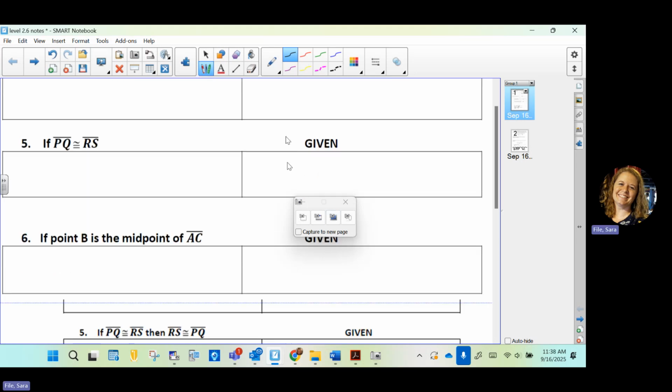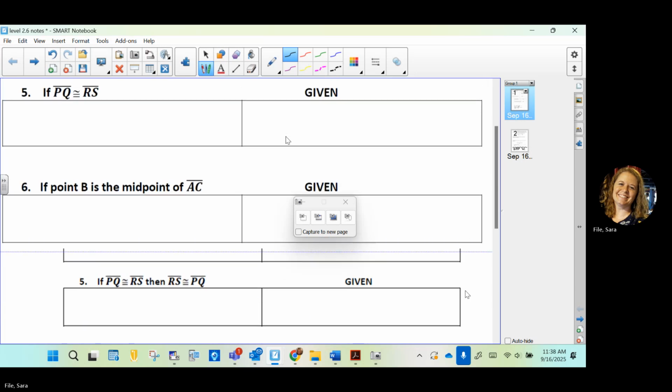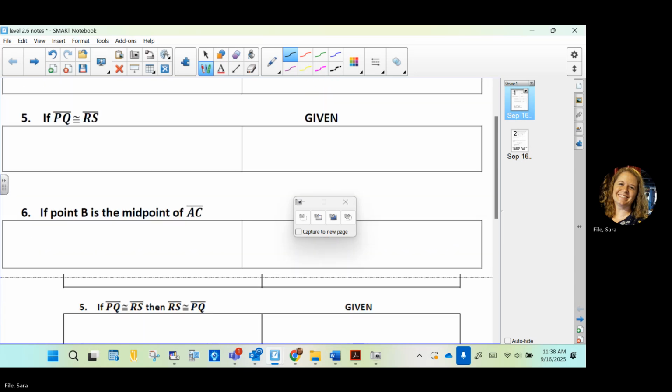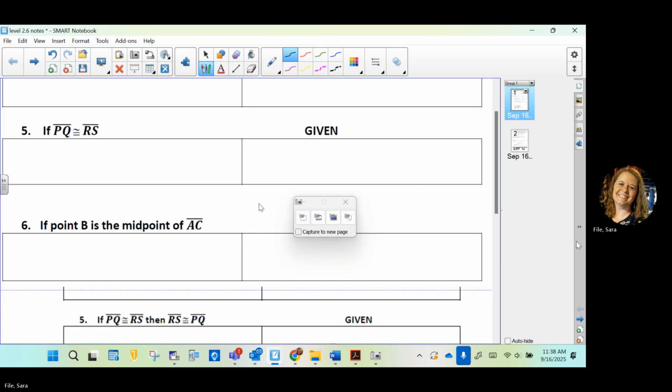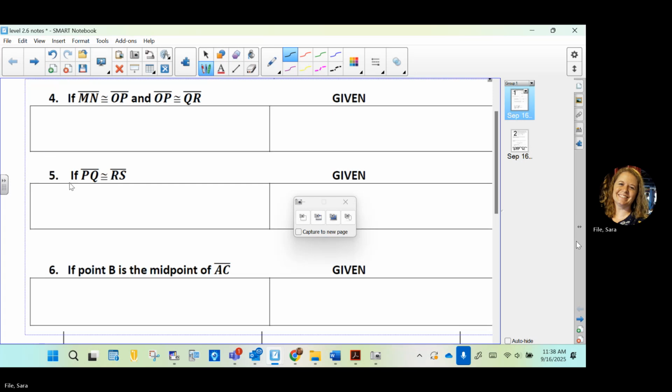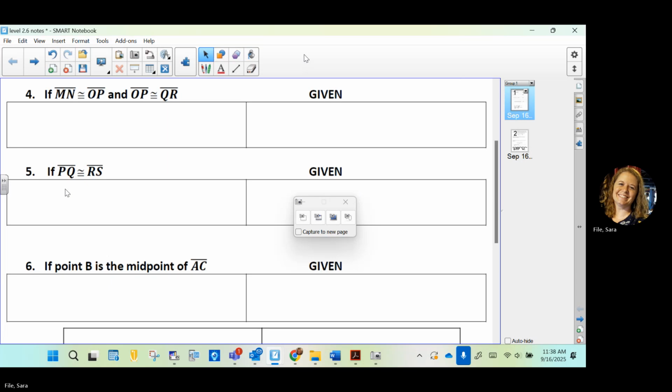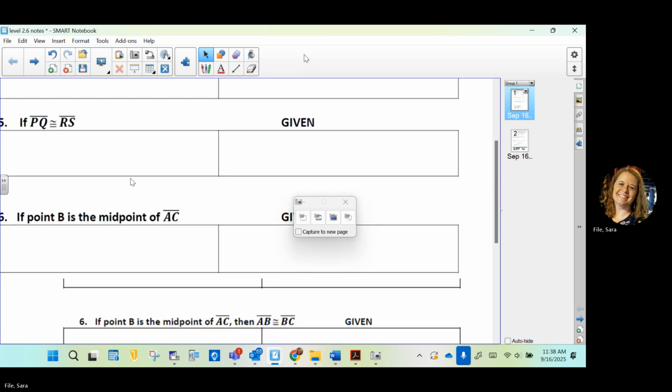Why isn't it moving now? Doesn't want to do anything. Here we go. Select. Man, it's just very laggy. Hang on, guys.